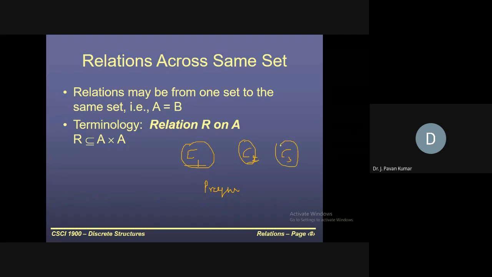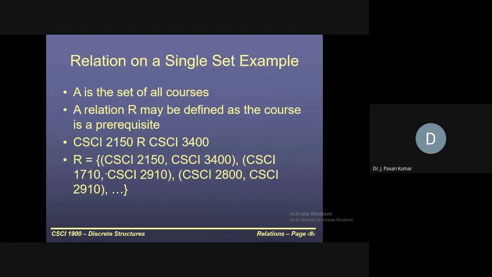If you complete these two, then only you can enroll in C2. We can represent that in the form of a relation. The relation name is prerequisite, and we represent it like this: this particular course 1710 is a prerequisite for 2910. Similarly, 2800 is a prerequisite for 2910. Like this, we can represent it.